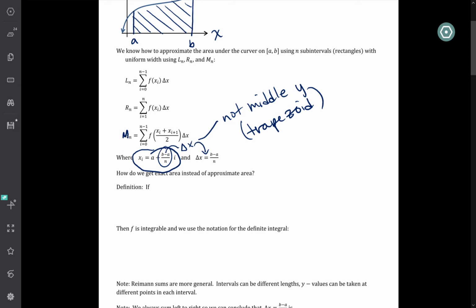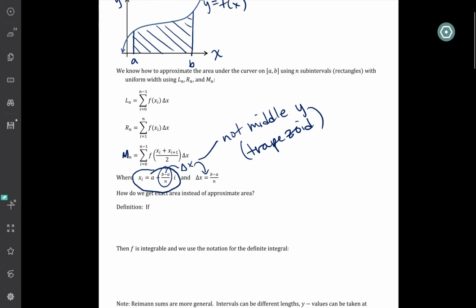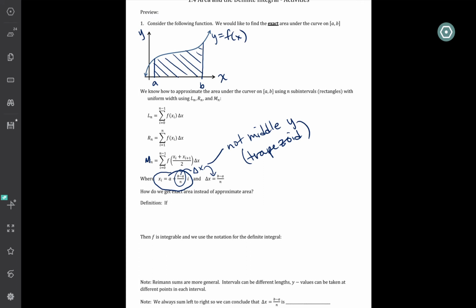Okay, so to the big question here, I'm kind of sidetracked on my own summarizing. If we want the exact area instead of the approximate area, basically what I hope we're spotting is that the more rectangles you use, the better your approximation gets.